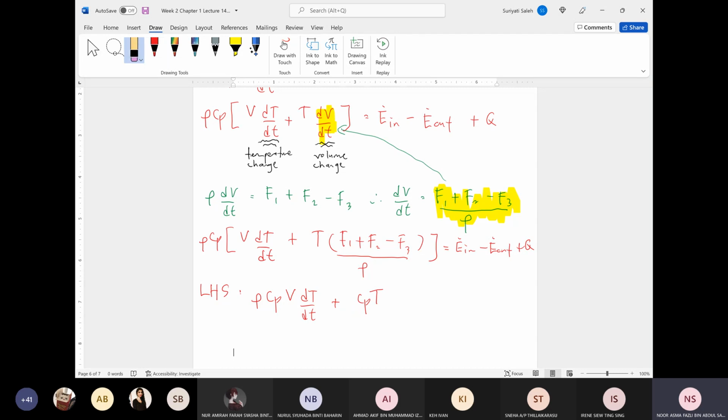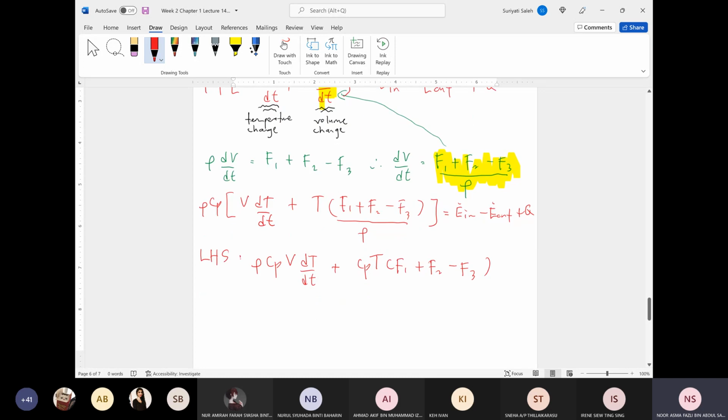So you have Cp T times (F1 plus F2 minus F3). On the second term of the left-hand side, you no longer have the density because it has been cancelled out.